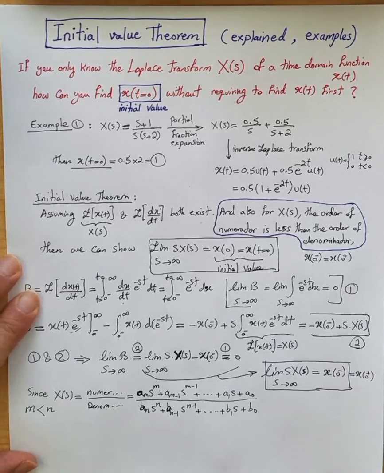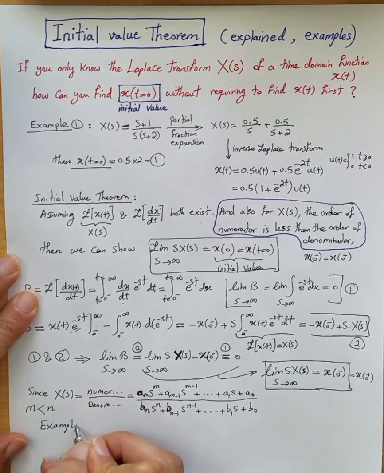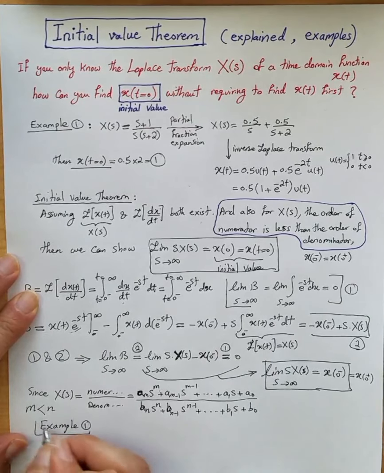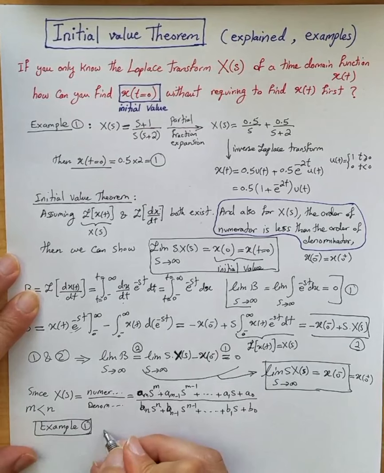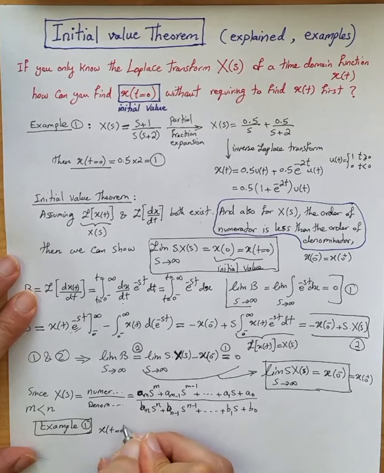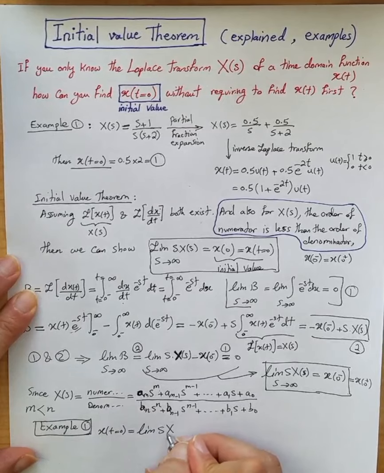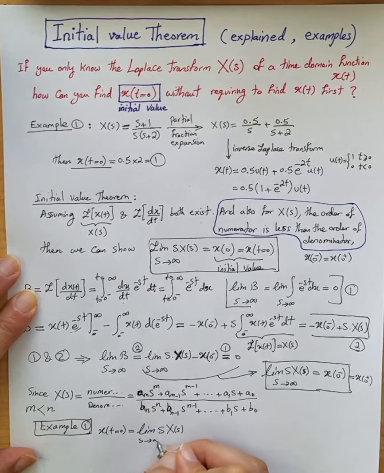So let's try it then. Back to example 1. According to the initial value theorem, x at time 0 should be equal to the limit of s times x of s when s goes to infinity.